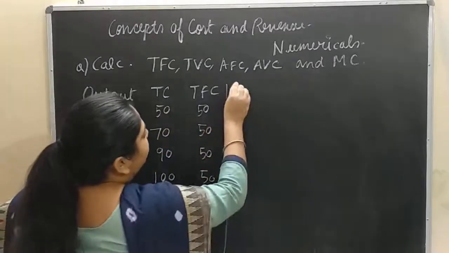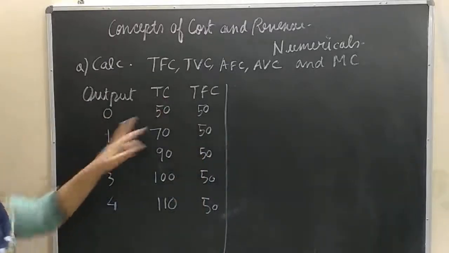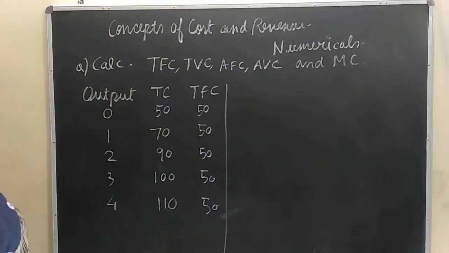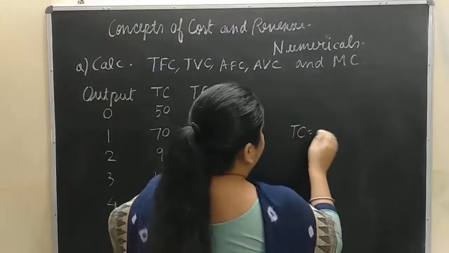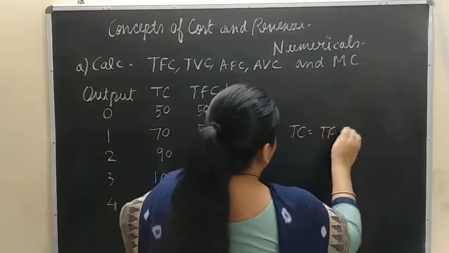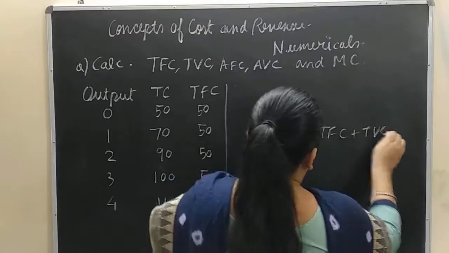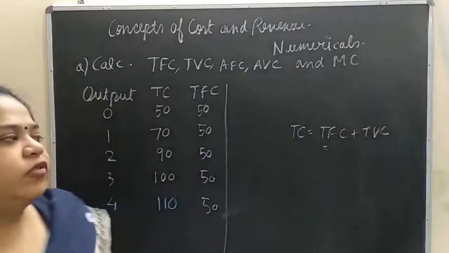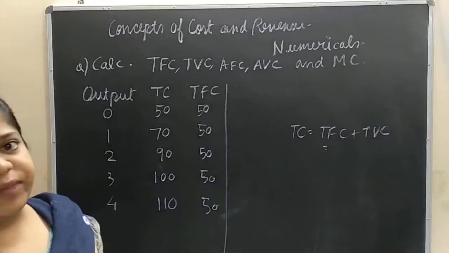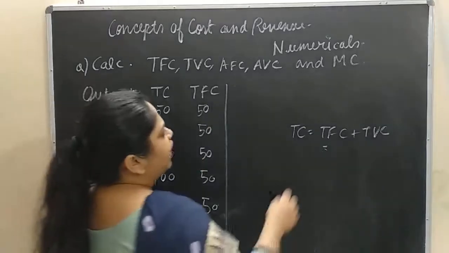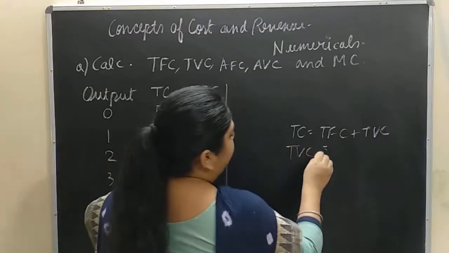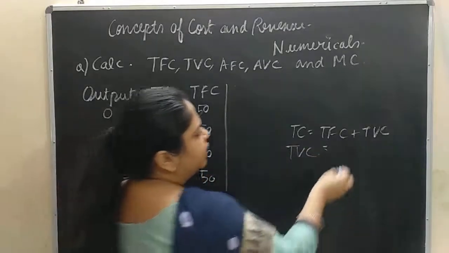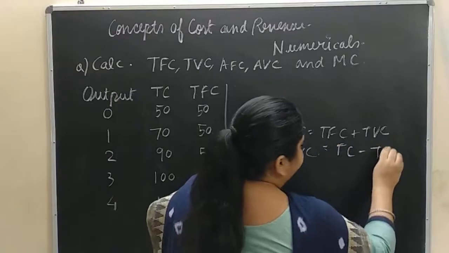Now you are given TC, you are given TFC. How are you going to calculate TVC from there? We know that TC is equal to TFC plus TVC. So if I have to calculate TVC, then it will become TC minus TFC.